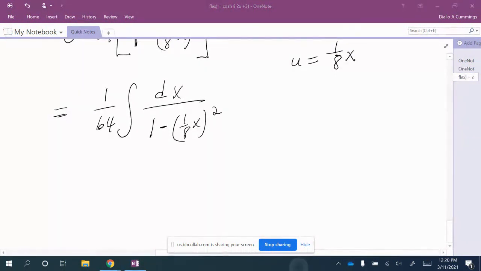It will allow me to rewrite the denominator as 1 minus u squared. Right? Because I've substituted u for 1/8 x. Notice that in the numerator, there's still dx.